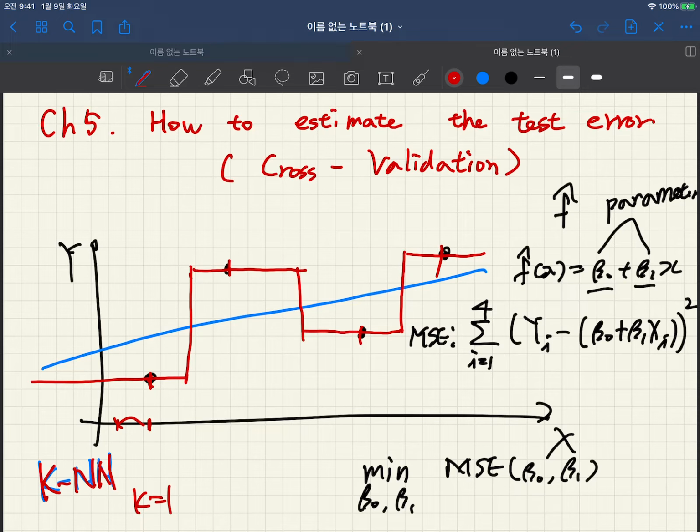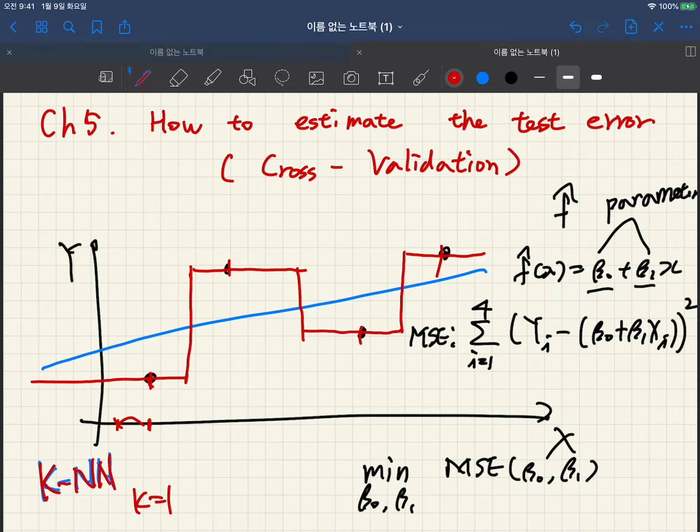For this learning process, we never use any fixed form of function. We just find the nearest neighbor among all data points and then follow the output of the nearest neighbor. That's it. So this is called the nearest neighbor algorithm.